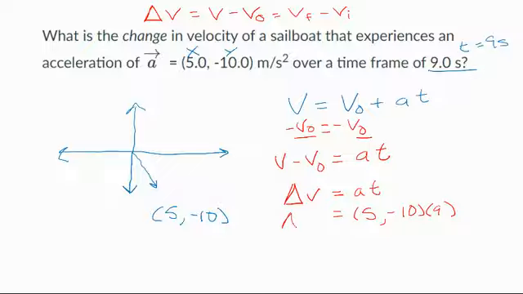So then my change in velocity is going to be this times 9 and this times 9. So my change in velocity is going to be 45 meters per second in the x direction, and then negative 90 meters per second in the y direction. So that's your final answer.